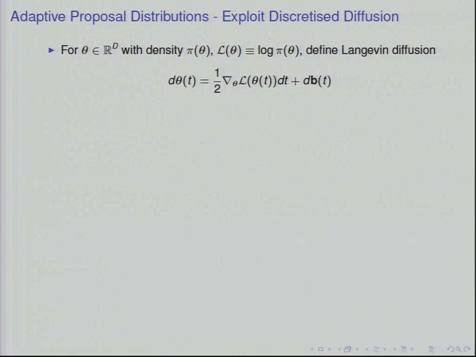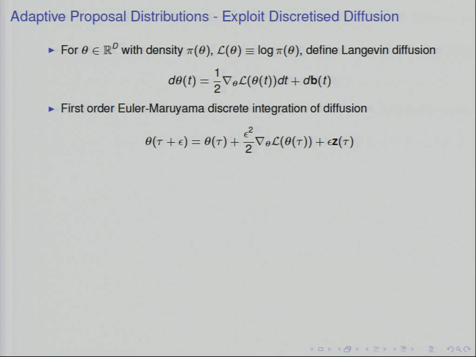Now, again, for the sort of problems that we would be working on, where pi of theta has structure, is quite complex, then there's no way that we can solve this. So what we can do is we can employ a discrete form of integration, right, to numerically integrate this diffusion.